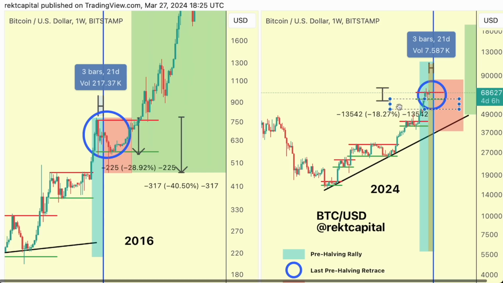My thesis here is, are we repeating 2016 in the sense that that pre-halving retrace has hammered out a base at that reaccumulation range low, and now we could simply drop towards the bottom of this range and consolidate in a sinusoidal fashion, just like we saw here? Sinusoidal movement across the range until we're ready to break out from the range.